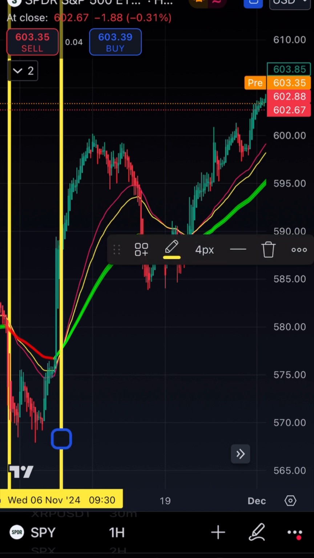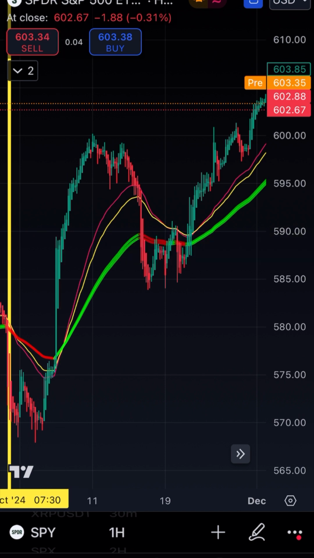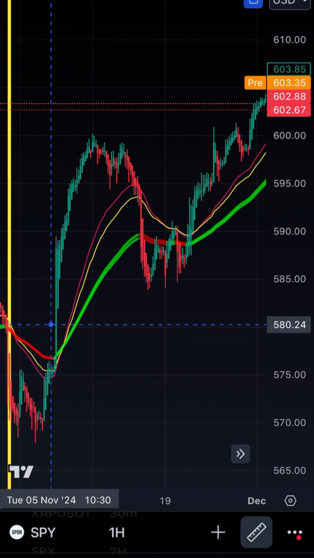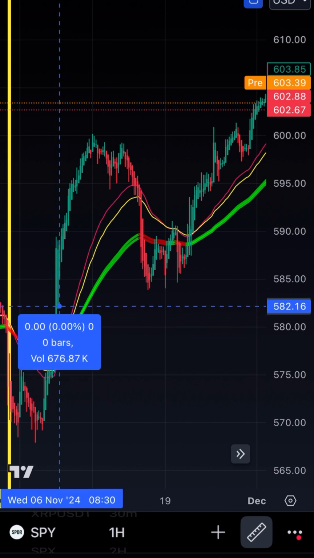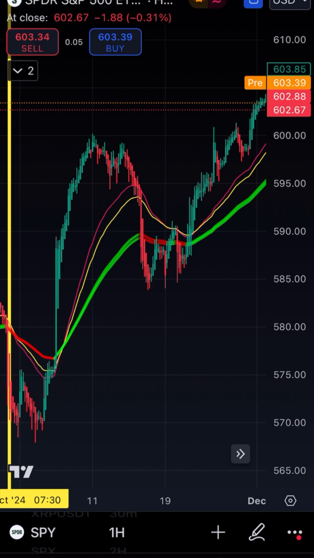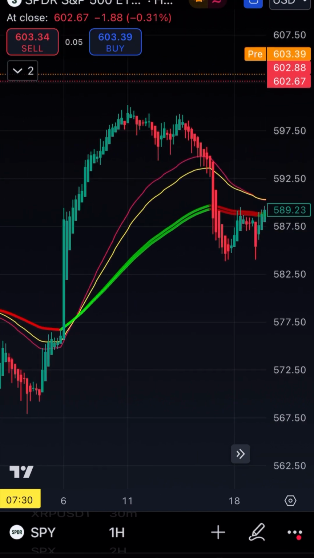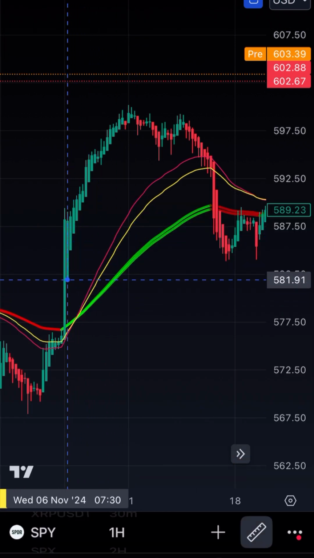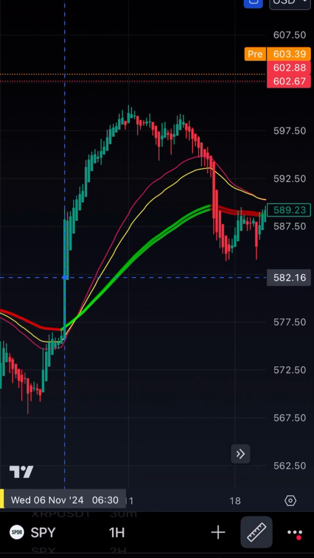So basically, let's look at this first one. It crossed right here. If you entered your trade right at the cross, which probably would be, let's stretch this out. The first cross is right around here, would have been at 582.